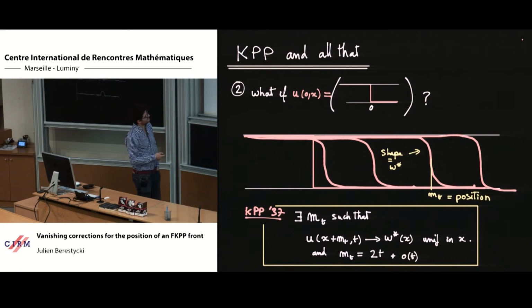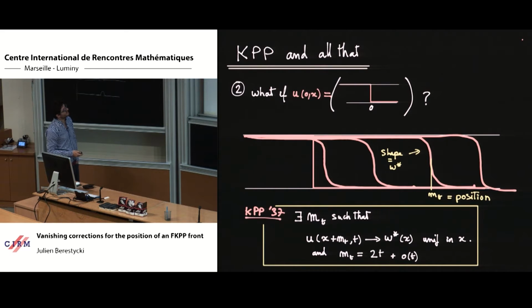And this centering term is m_t equal 2t plus some smaller order correction. So W star of x is actually the traveling wave solution with speed 2. So it's a critical one, so it's the slowest one.